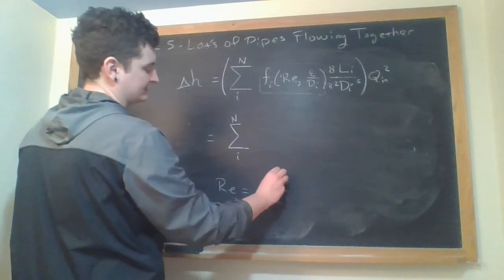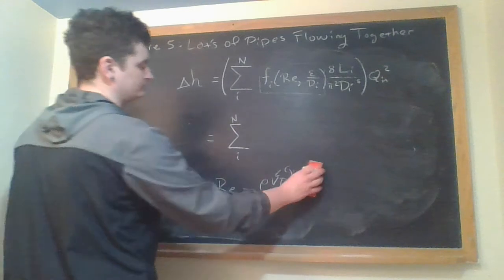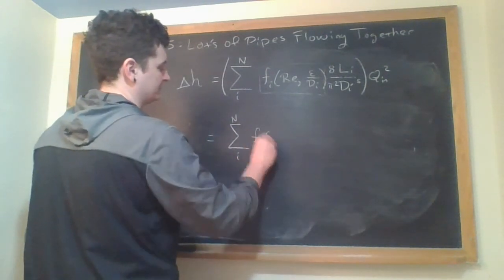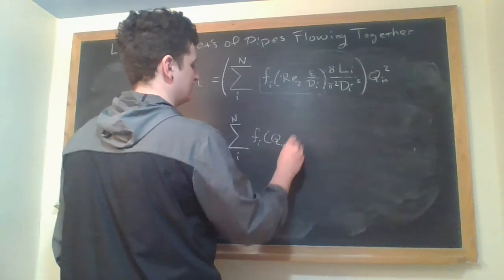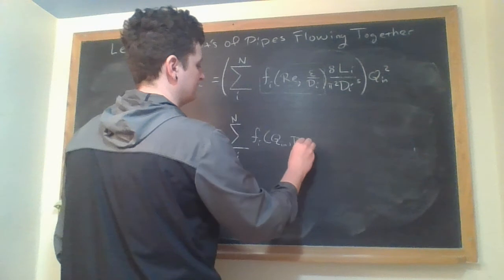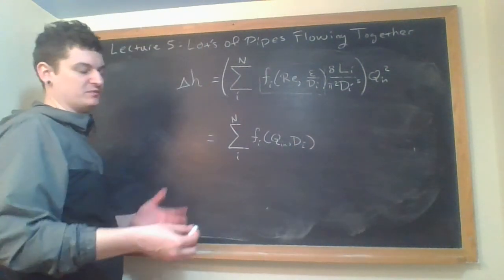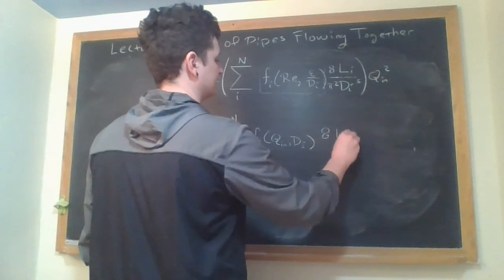And then this could be written in terms of Q. So you can think of these friction factors as functions of the flow rate and functions of the diameter, because the material could be given. You could list out all these inputs.